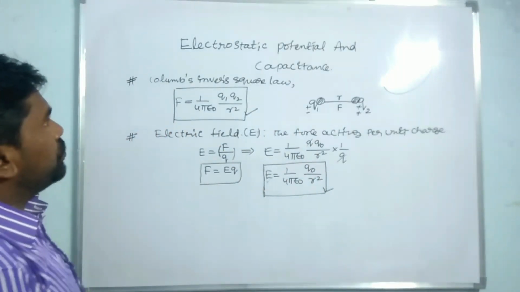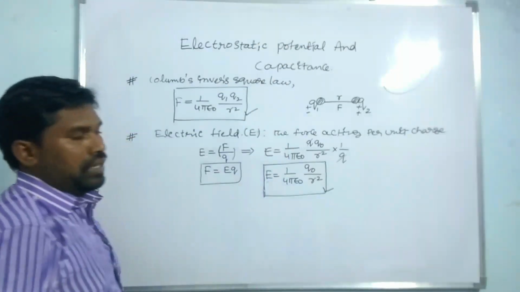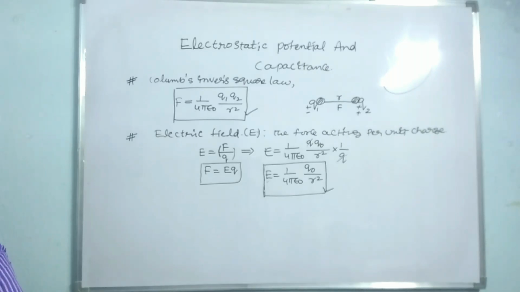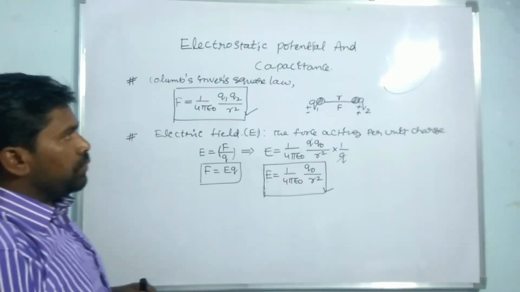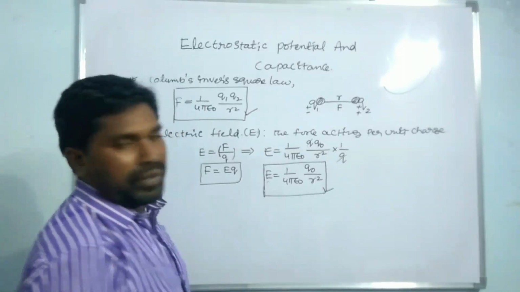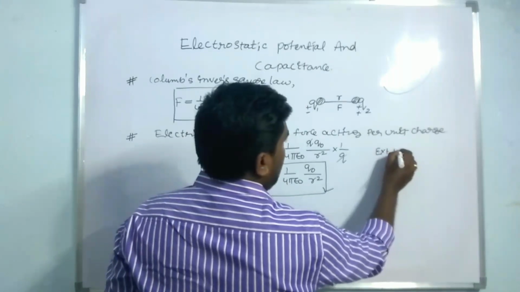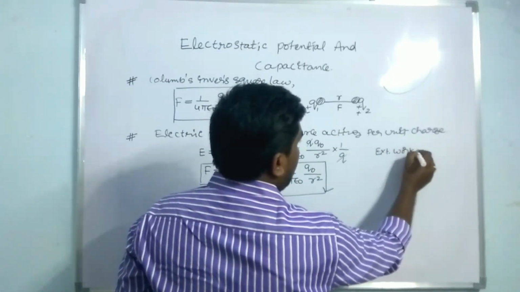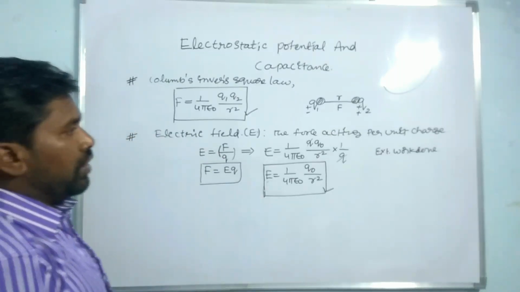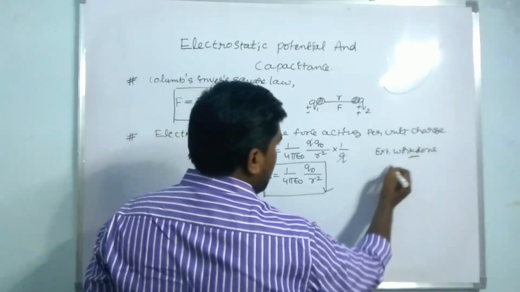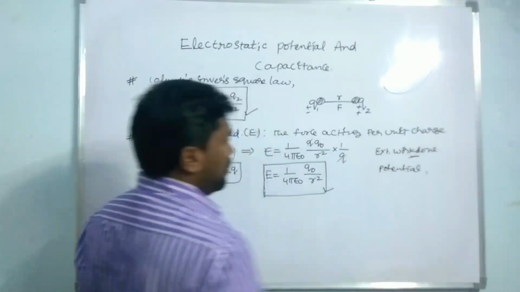Okay. Now we have to learn about the electrostatic potential. How do we define the electrostatic potential? In your dynamics you learned the external work done. In electrostatics, the work done is nothing but potential.